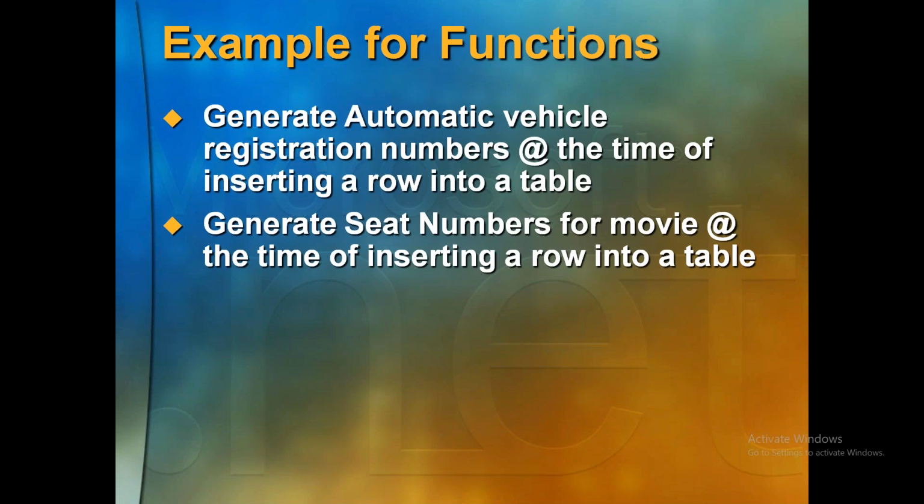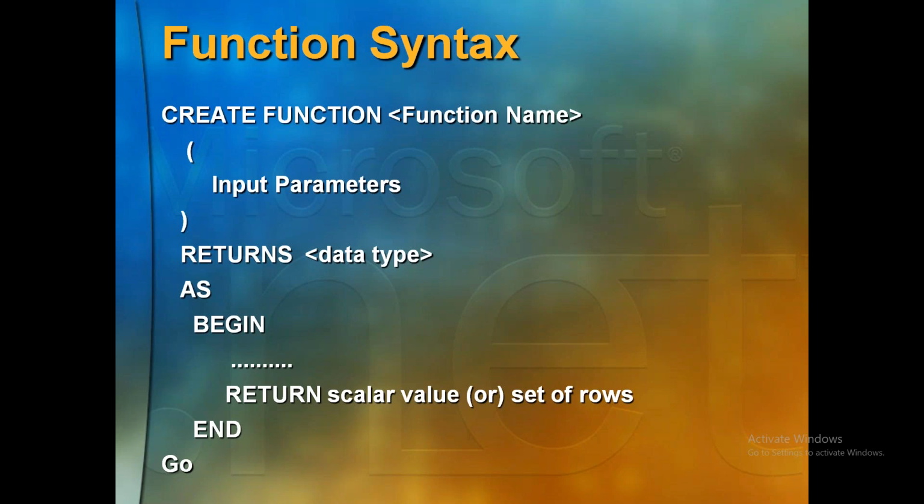Example: generate automatic vehicle registration numbers at the time of inserting a row into a table. Generate seat numbers for a movie at the time of inserting a row into the table. So what is the meaning? The meaning is very, very simple. I'll tell you the example. So how can a function be created?